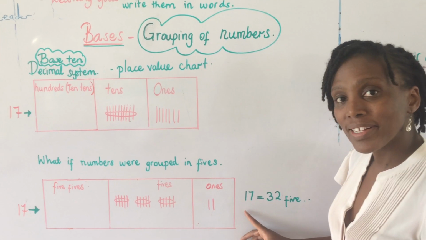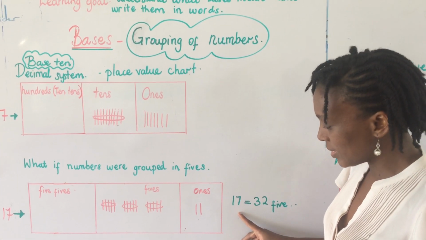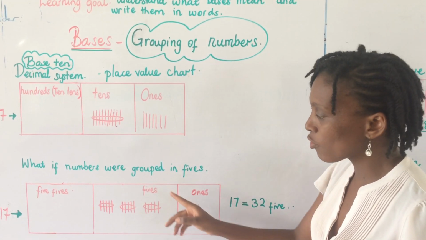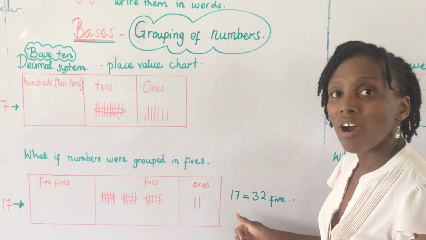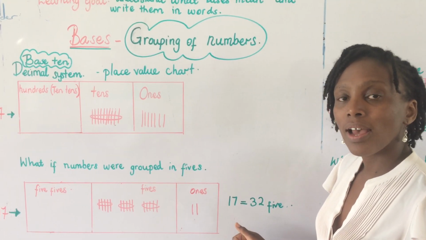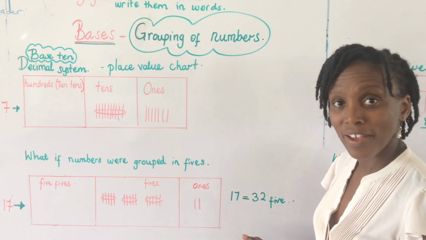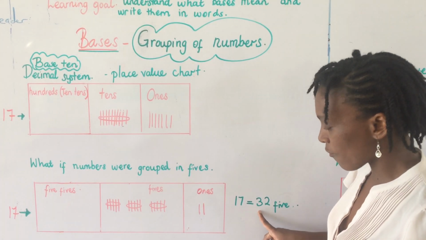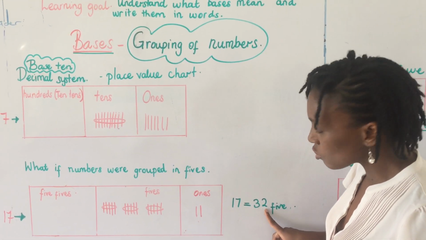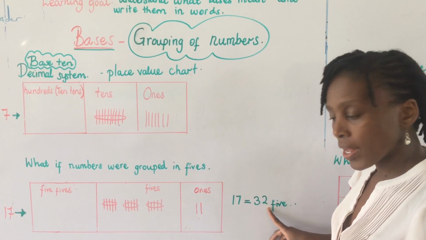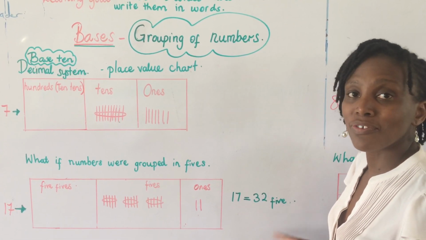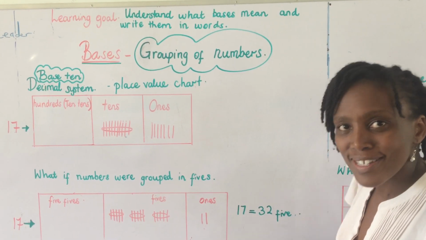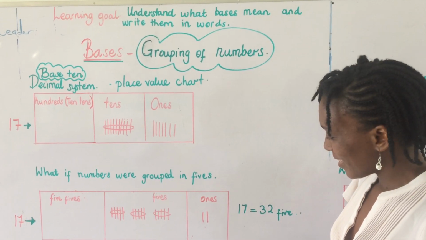So what this means is 17 is in base 5. Because we are grouping in fives, we are now rewriting 17 in base 5. It is 3 groups of 5 and 2 ones in base 5. So how do we write this in words?